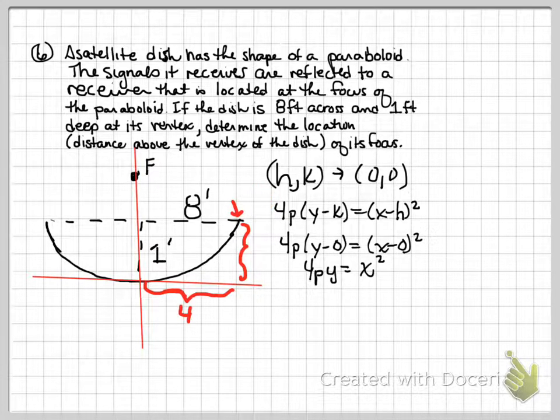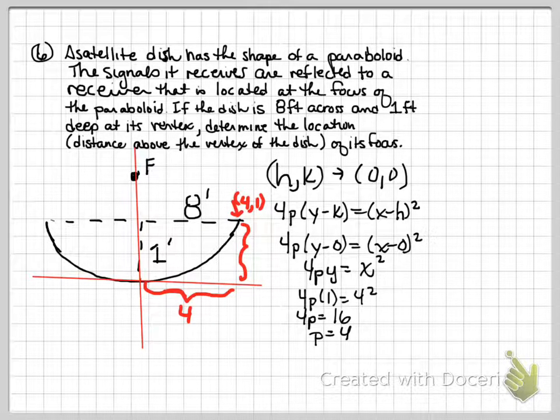Clean it up a little bit. Okay. So I'm going to substitute that point into my equation. So 4p times 1 equals 4 squared. 4p equals 16. So p is equal to 4. And remember, the distance between the vertex and the focus is your p value. So this tells me that my focus, or my receiver, is 4 feet above the vertex.